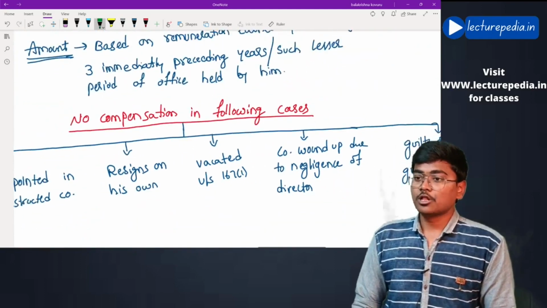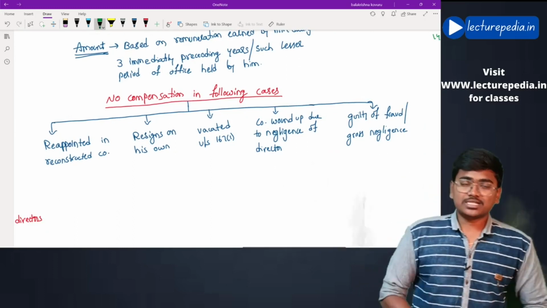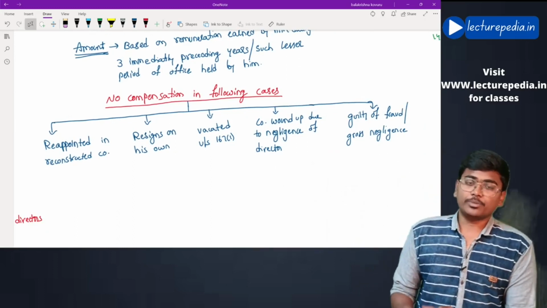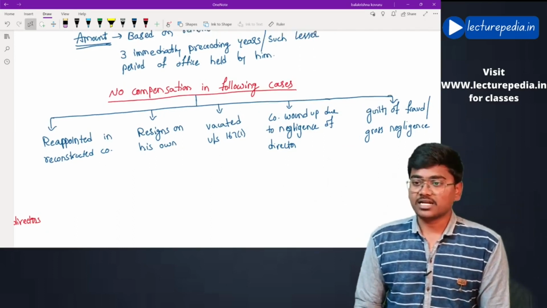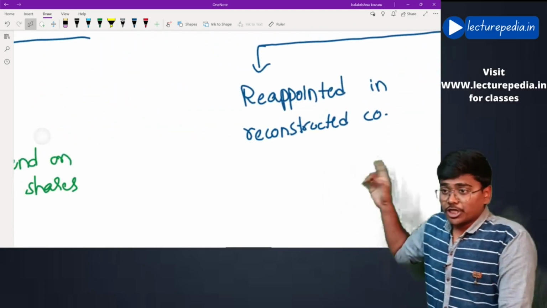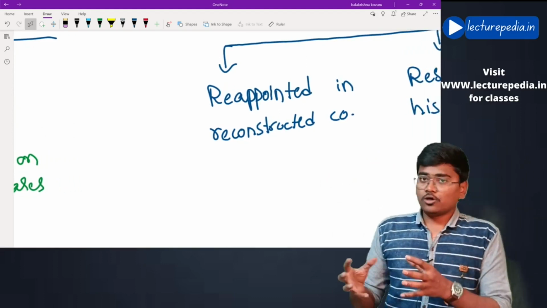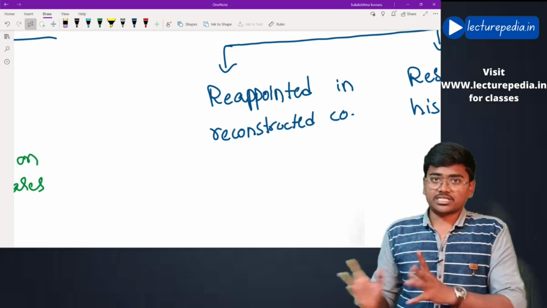Next, no compensation in the following cases. There are some 5 situations in which compensation cannot be paid to the whole-time director or managing director. First one, reappointed in reconstructed company. See, the company is entering into some amalgamation or some merger.